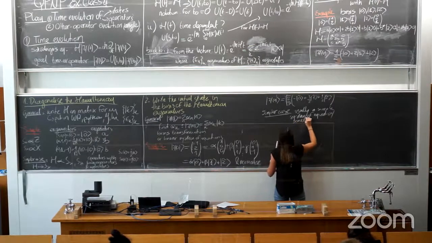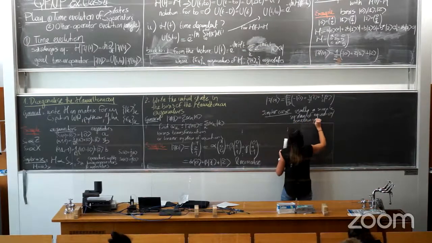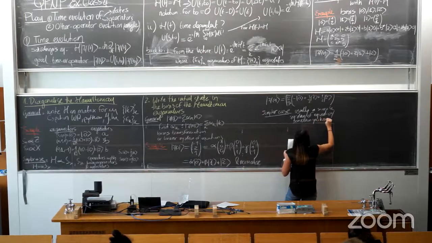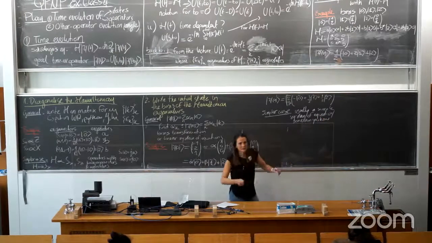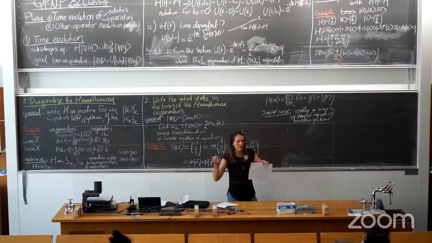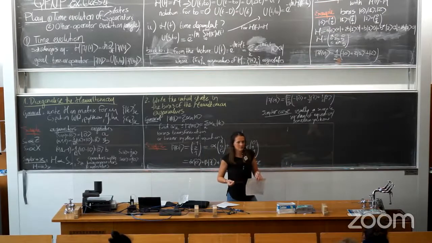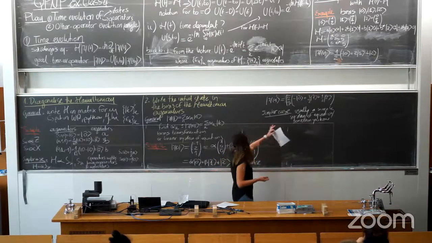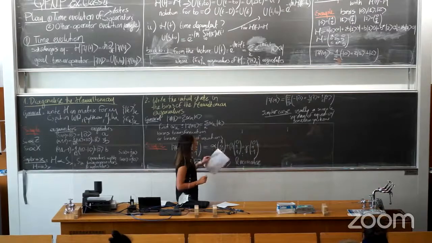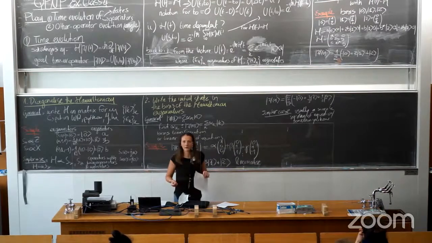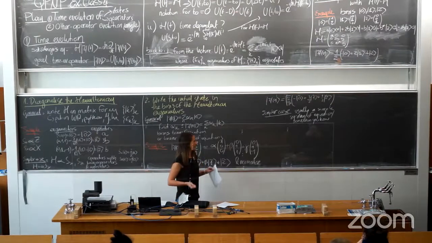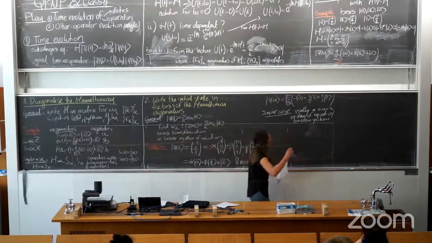It can be that the initial state is very clearly already the superposition of two eigenvectors, something like this. But this is a step which we can still do. Are there any questions? Okay, then let's move to point 3.